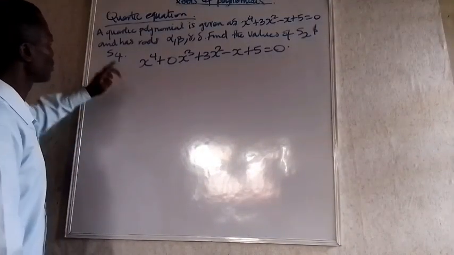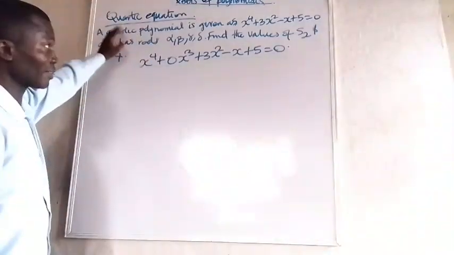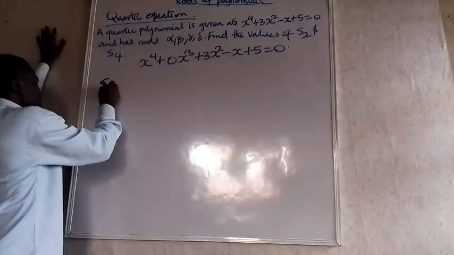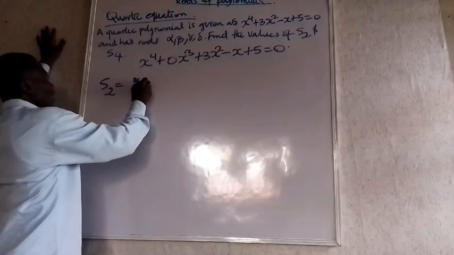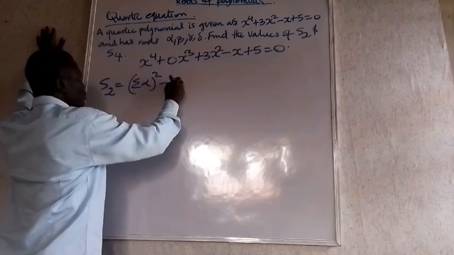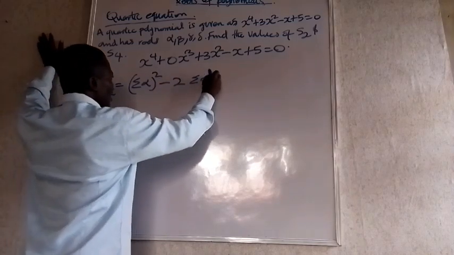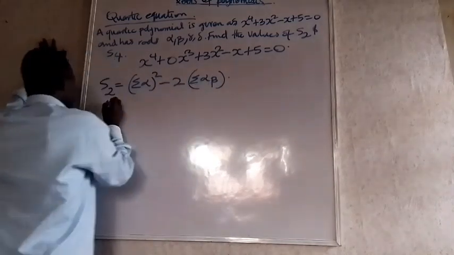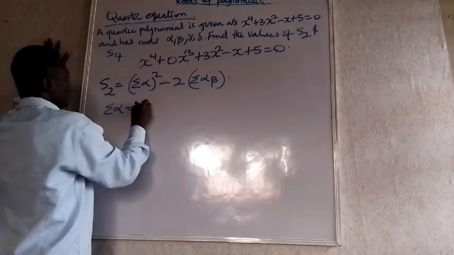Now, we can easily get the value of S2, as I've explained before. S2 will equal summation alpha squared minus 2 summation alpha beta. What is summation alpha? That is equal to 0.